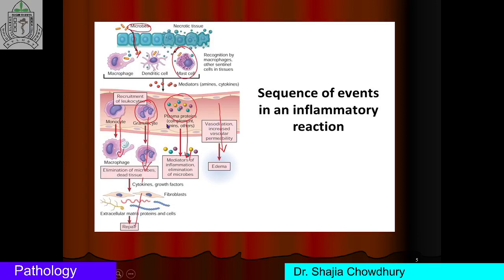Then third step is these neutrophils and plasma protein are activated and work together to eliminate this offending agent. Fourth step is elimination of the bacteria and chemical mediators, and inflammation is eliminated. And in the final step, the injury begins to repair and the healing process starts.